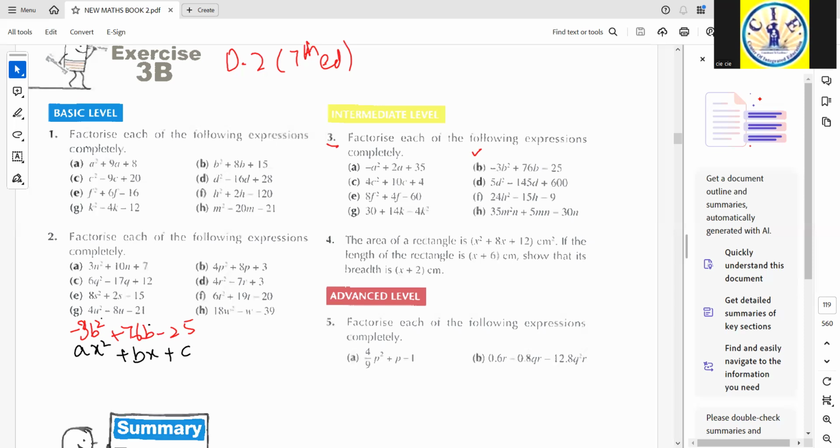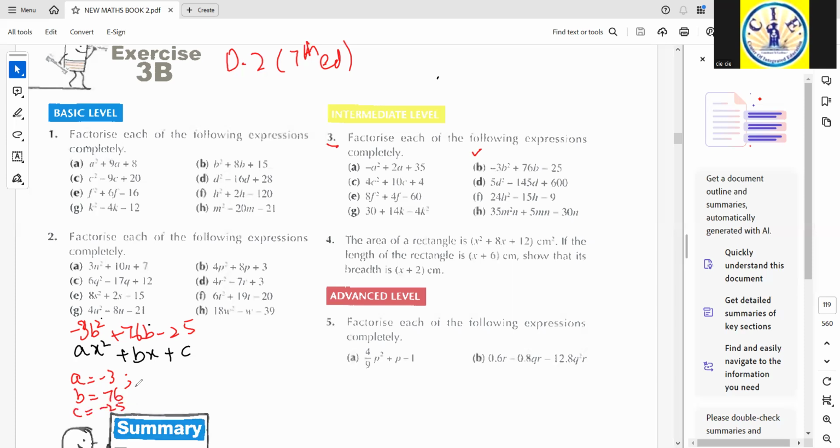So if you compare their coefficients, a is negative 3, b is 76, and c is negative 25.